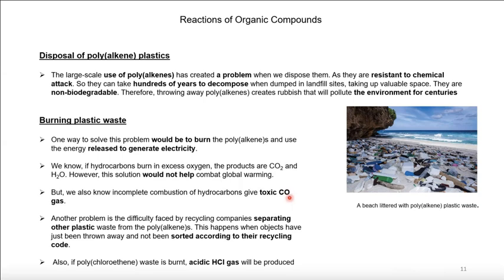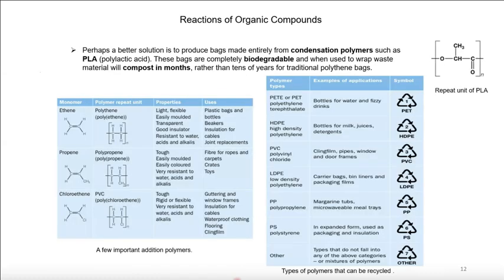We also get incomplete burning, so we get toxic carbon monoxide gas, which is a very undesirable compound for the environment. And if we take some polyalkenes, let's say polychloroethene, we get acidic hydrogen chloride gas, which is also a very toxic gas for the environment.